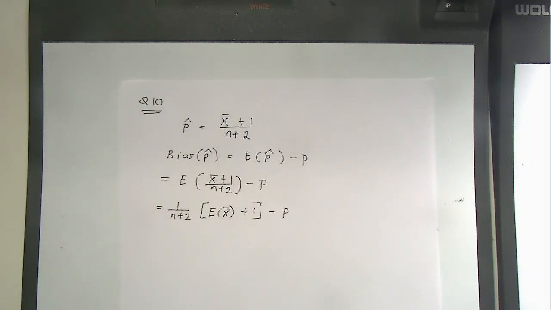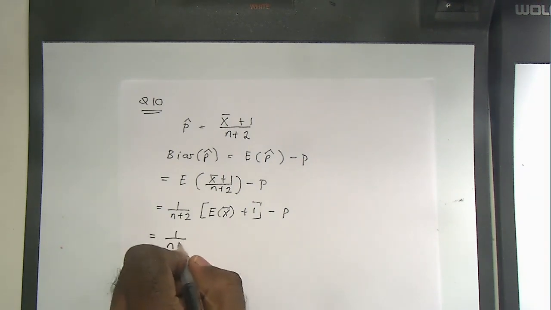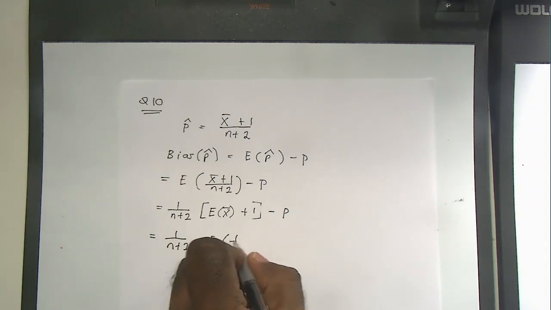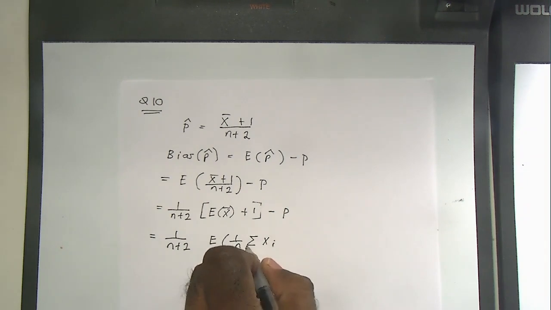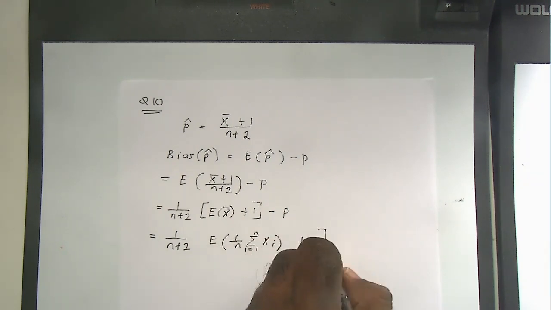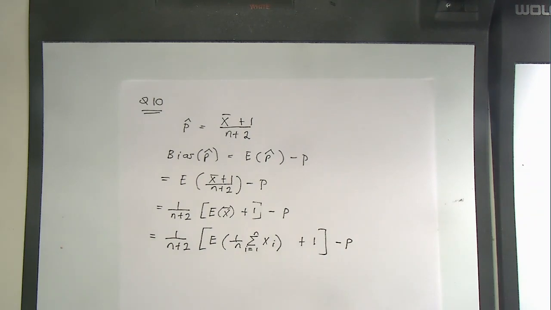Right? Okay, guys. Now, the expectation of x bar is 1 over n plus 2 times the expectation of 1 over n times the sum of xi, i from 1 to n, plus 1 outside, minus p. Right? Now this is 1 over n plus 2.